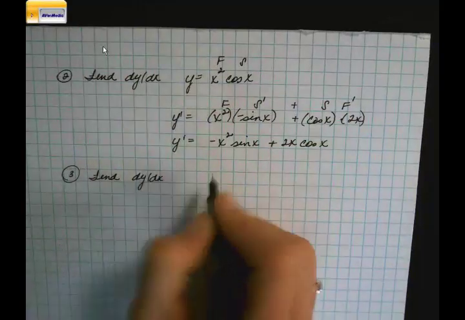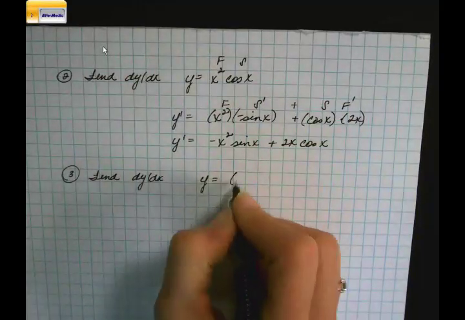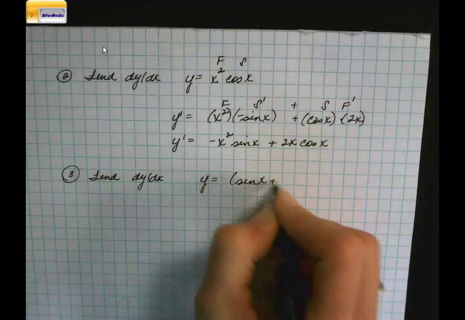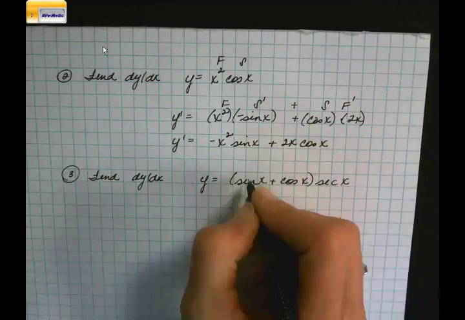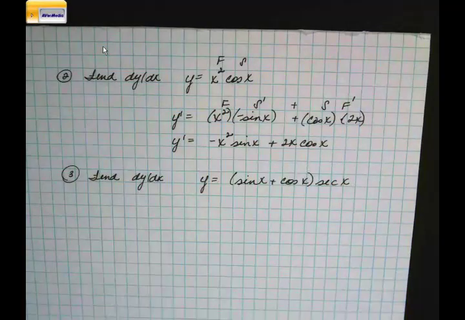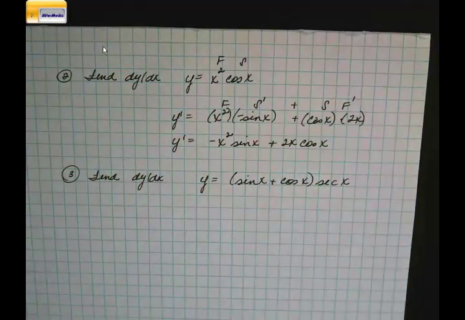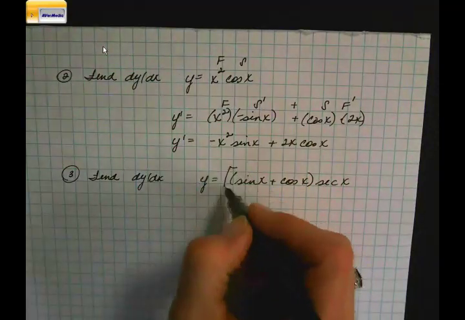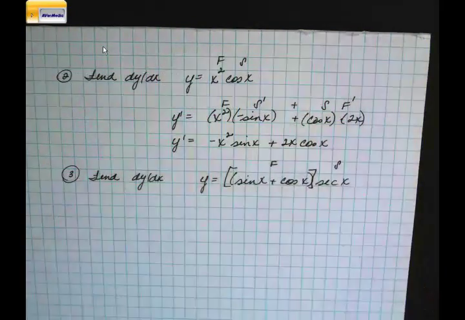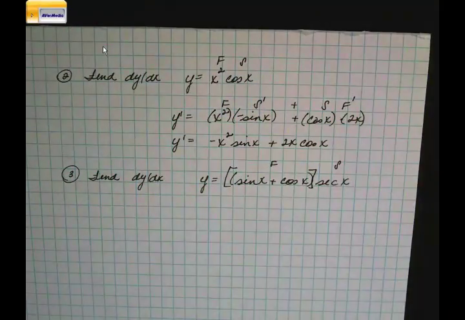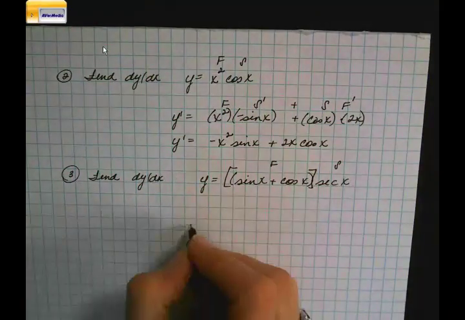Okay, again, find dy dx, where y equals sine x plus cosine x times secant x. Now, this is another product, where your first is this binomial and your second is the secant x.